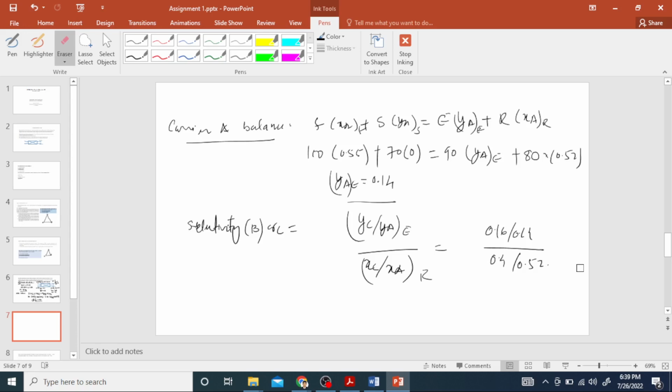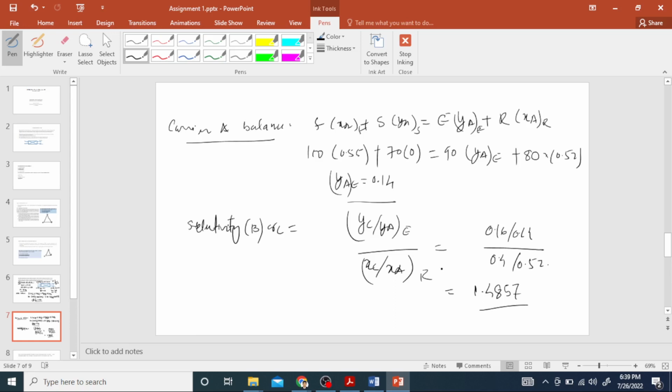Calculating, we get 1.4857. So selectivity should be greater than 1. So here we get 1.48. So it is possible to separate the solute from the carrier liquids.